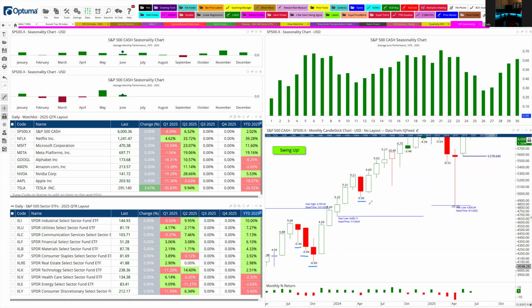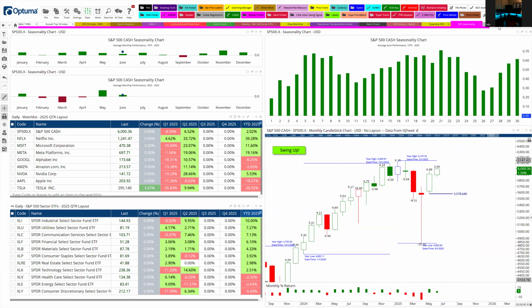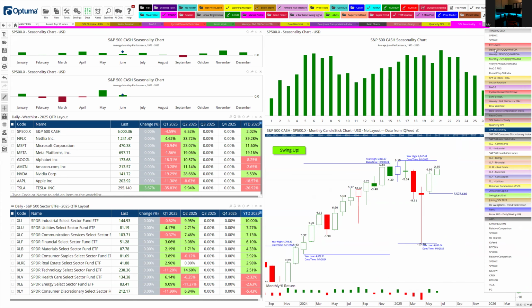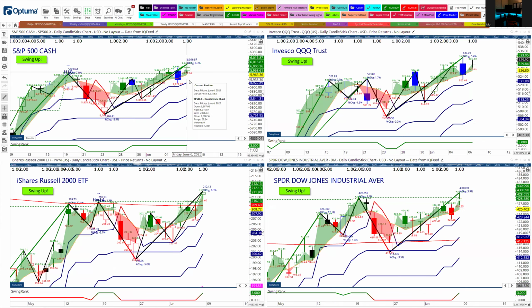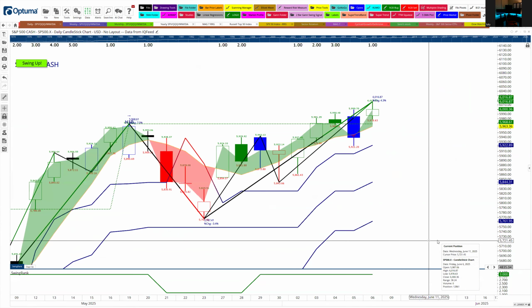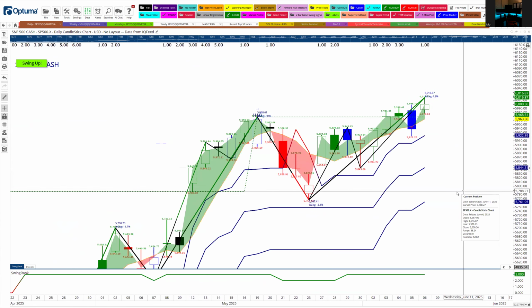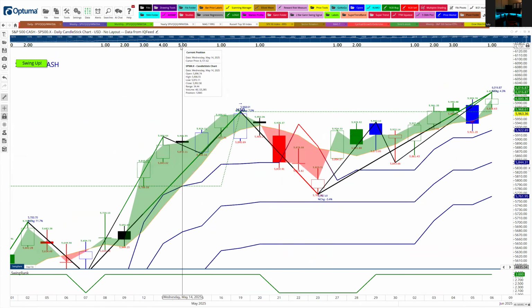This 5 and 6 number on the S&P has a very strong presence. Let me show you something here. Just pay attention to this 5 and 6. 5 up.